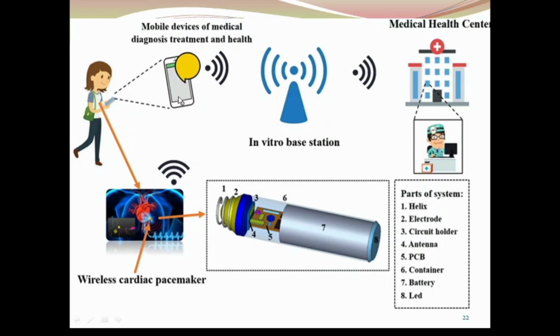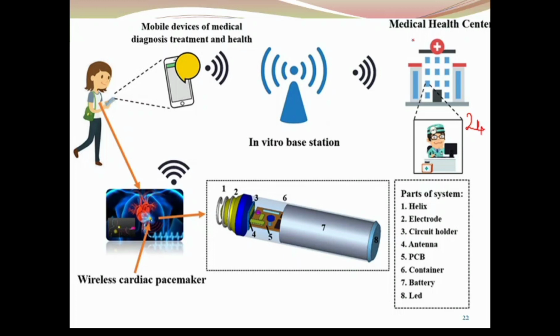In the medical field, see here, the doctor will monitor the patient through antenna systems, and it is possible to monitor the patient 24 hours, or with the help of another country we can access this.